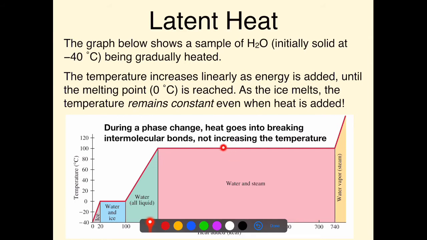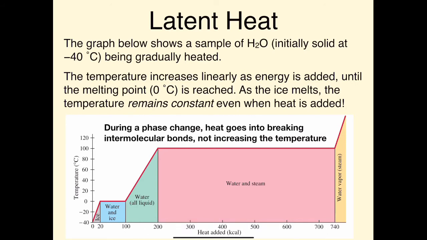During a phase change, the temperature remains constant. And that added heat doesn't go into increasing the temperature, but instead it goes into breaking bonds between molecules that allows the substance to change phase, let's say from liquid water into steam. So temperature remains constant during a phase change.